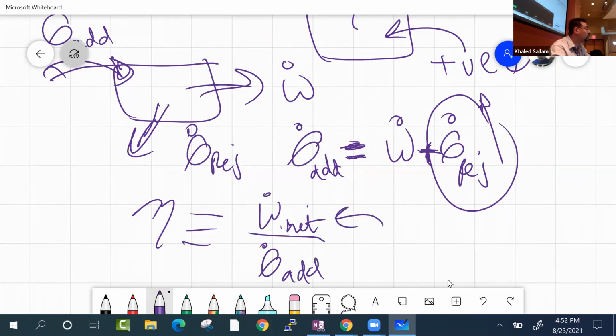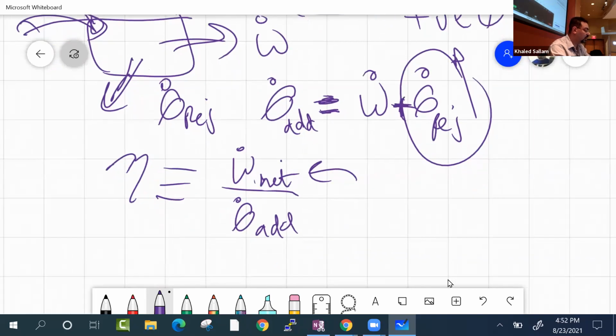This is what you get, and this is what you pay. I mean, this Q added is coming from what? Burning natural gas, consuming nuclear fuel rods, right? Someone needs to generate that heat.